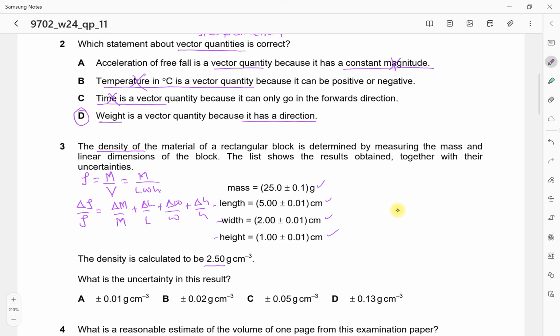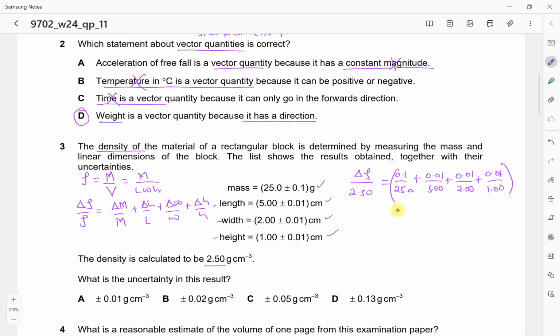So it means the fractional uncertainty in the density divided by the value of the density, which is 2.50, should be equal to, for m, 0.1 divided by 25.0, plus, for l, 0.01 divided by 5.00, plus, for w, 0.01 divided by 2.00, then finally plus 0.001 divided by 1.00.